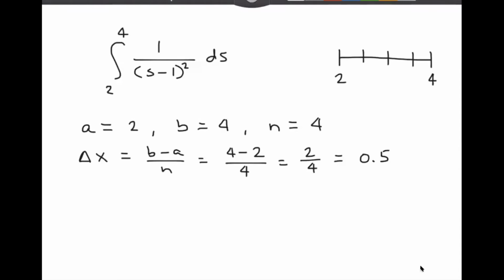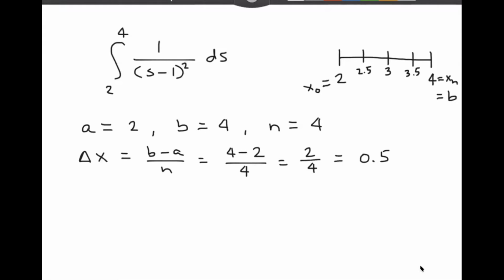So the number a is also known as x0. And then x1 would be 2.5. x2 would be 3. x3 would be 3.5. And then x sub n would be 4. And x sub n is also known as the number b.